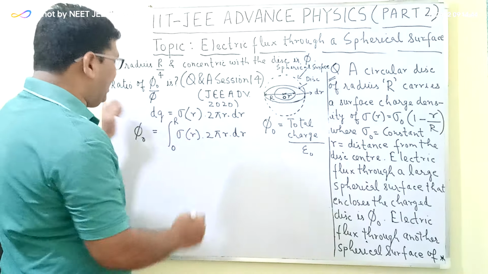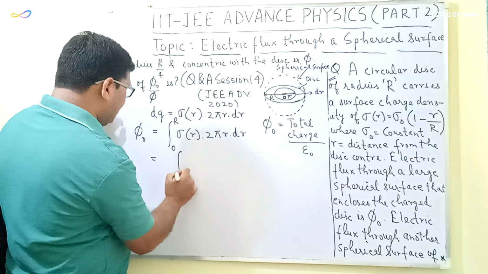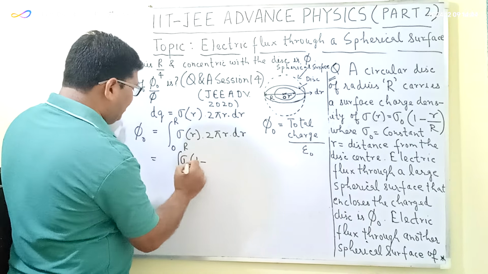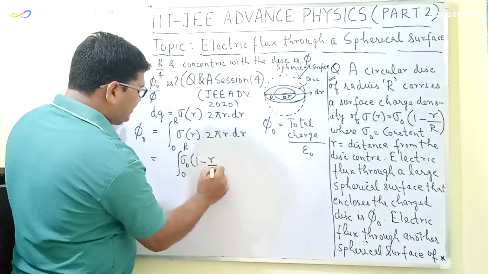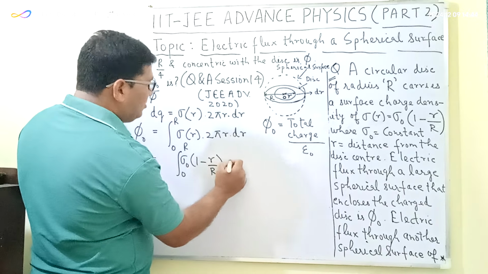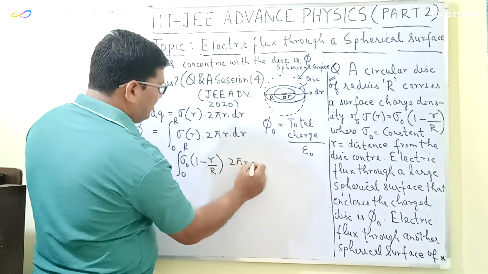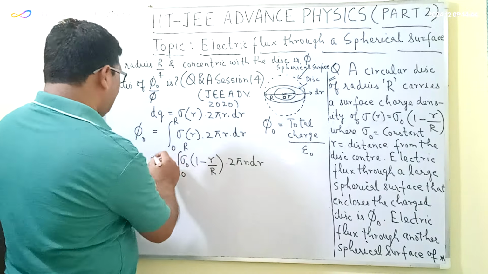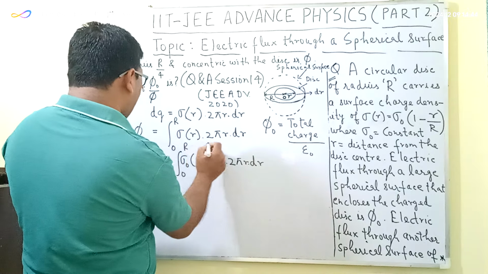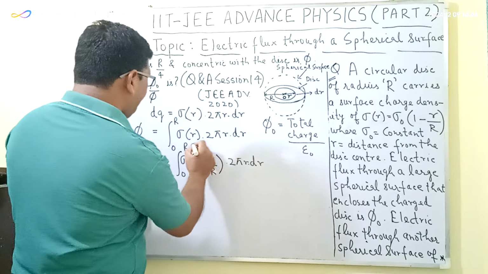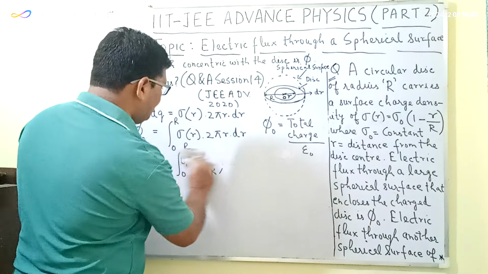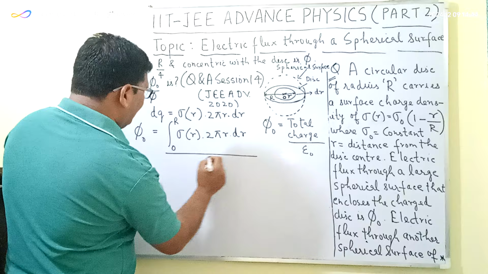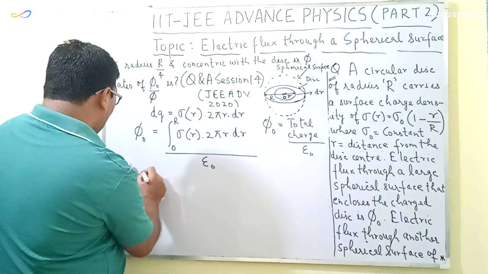Now sigma r value is already given to us, so this is equal to the integral of sigma naught into bracket 1 minus small r divided by capital R into 2 pi r dr, divided by epsilon naught, and this will be equal to phi naught.